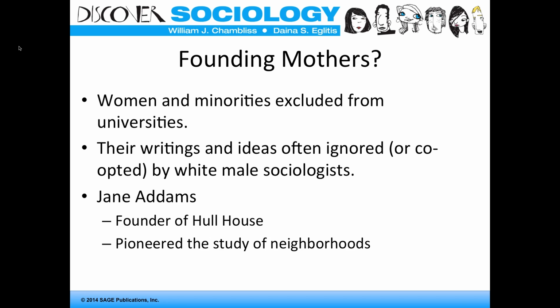And she looked at how society treated them. And then she also looked at how neighborhoods operated, what types of social systems and social interactions take place in certain neighborhoods, and why are they different when you look at this group of streets as opposed to this group of streets. And we're going to come back to Dr. Addams again, as I've said about all of these folks, throughout the quarter or throughout the term.